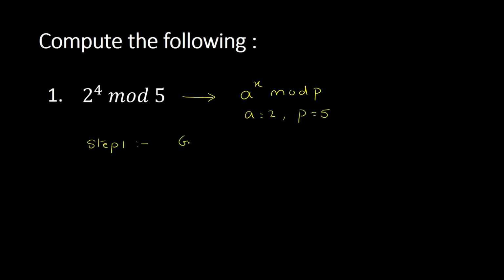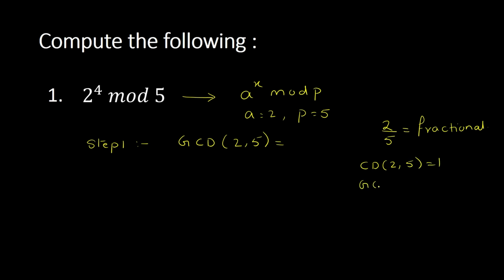So for that you have to check the greatest common divisor between 2 and 5. Is it 1? So how will you do it quickly? You take a calculator and divide 2 by 5. And if you get it as a fractional number, that means the only common divisor between 2 and 5 is 1. Therefore, the greatest common divisor between 2 and 5 is 1.